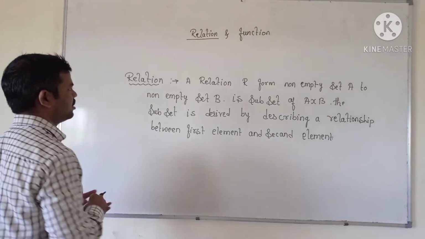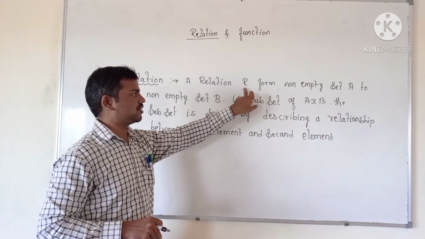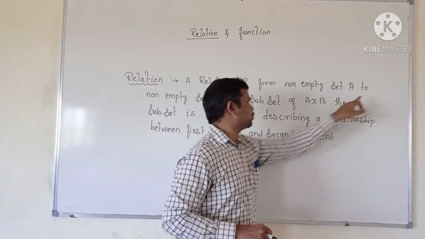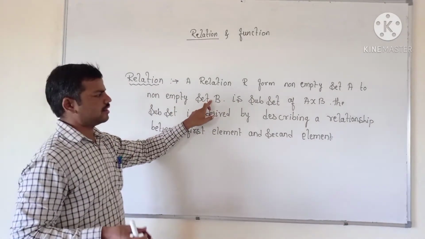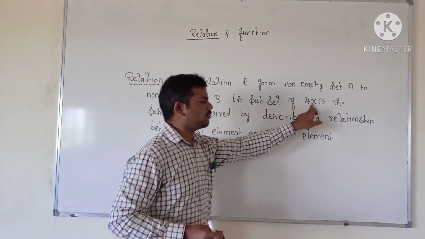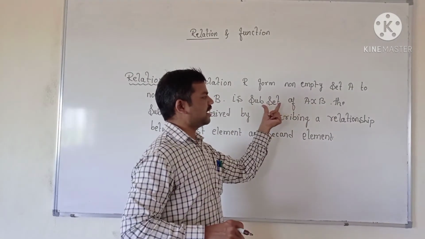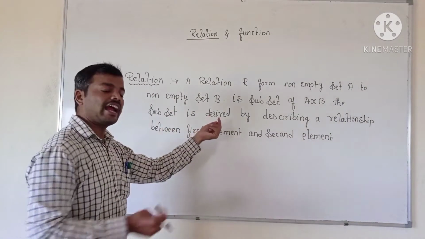So relation means a relation R, indicated by capital R. From where to where? From non-empty set A to non-empty set B, we are relating, is a subset of what? Cartesian product A cross B. How is this subset derived?